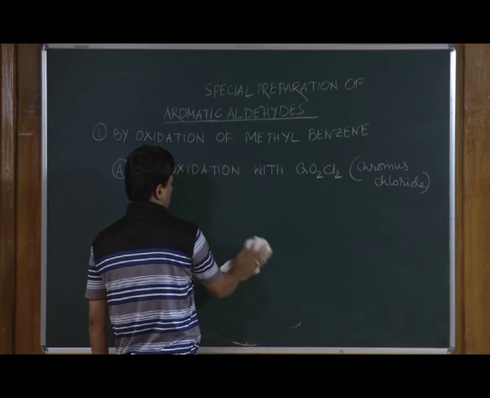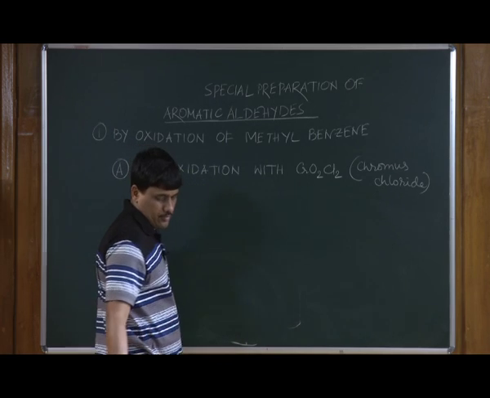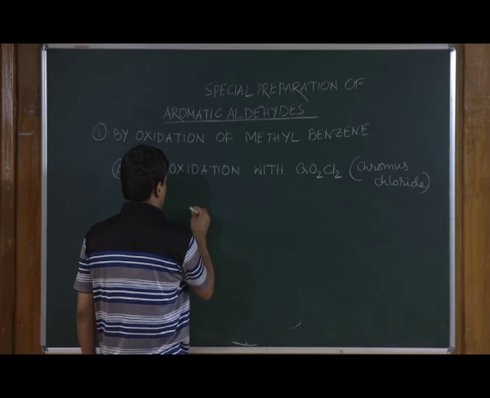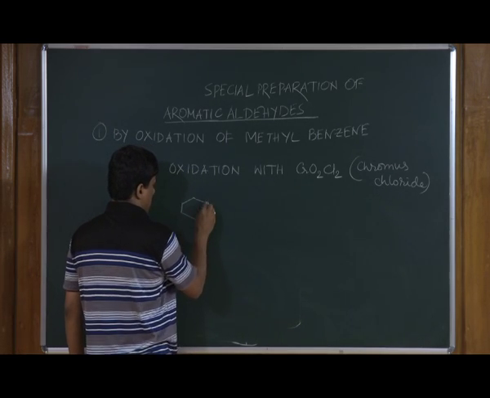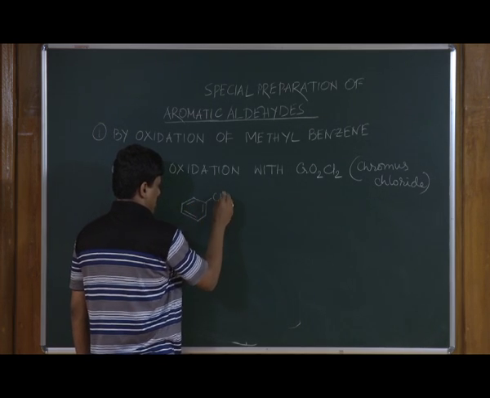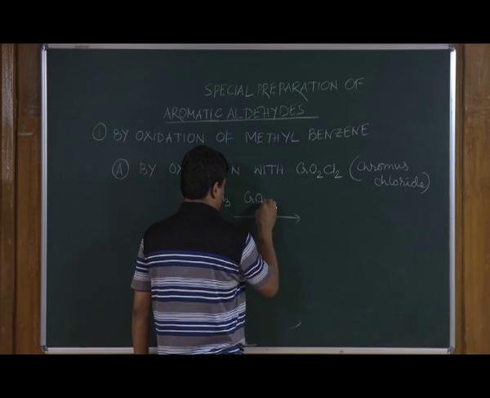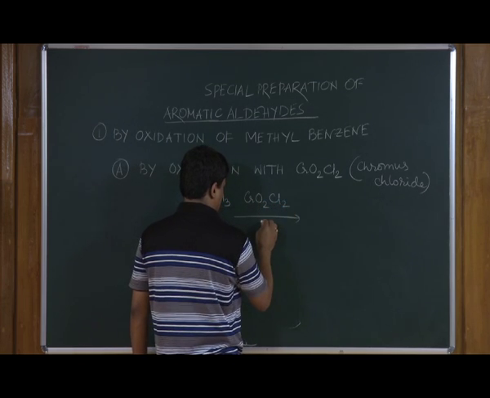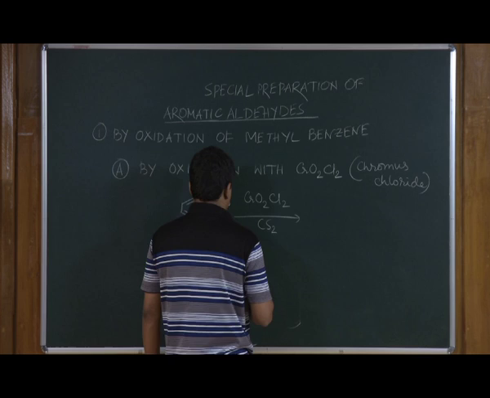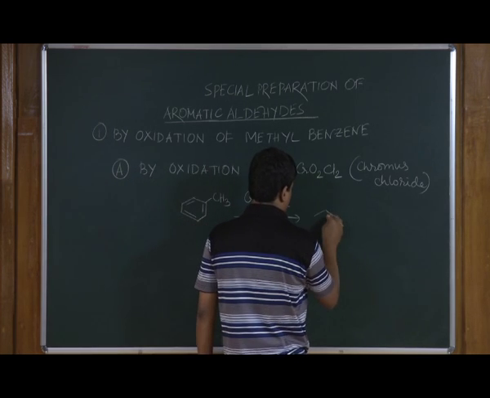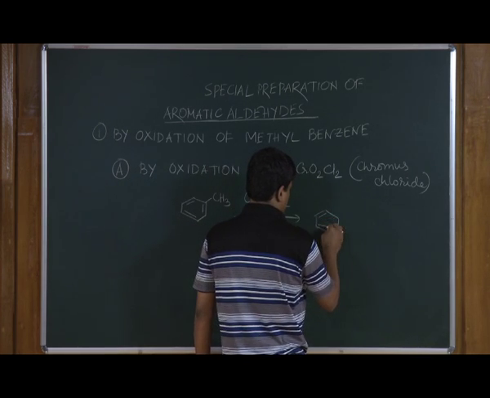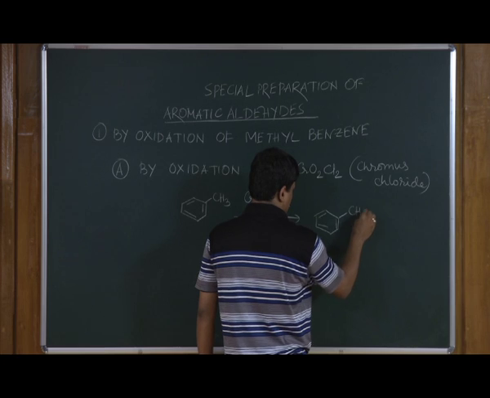So, here what happens, if you put methyl benzene like toluene here, in presence of carbon disulfide, you get benzaldehyde.